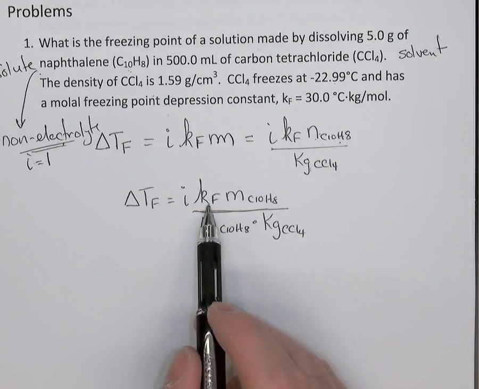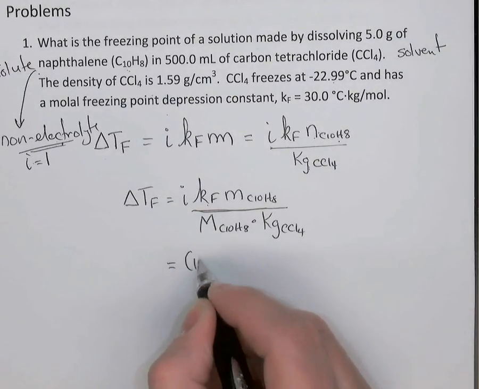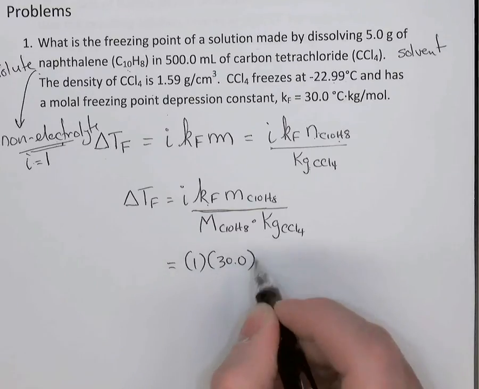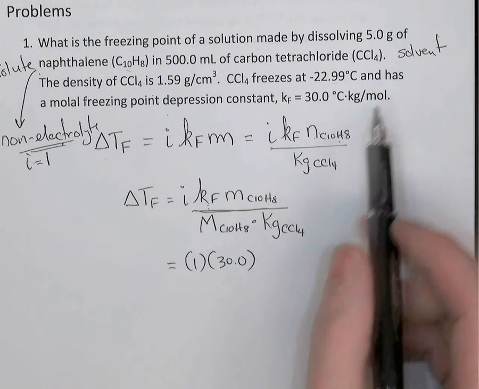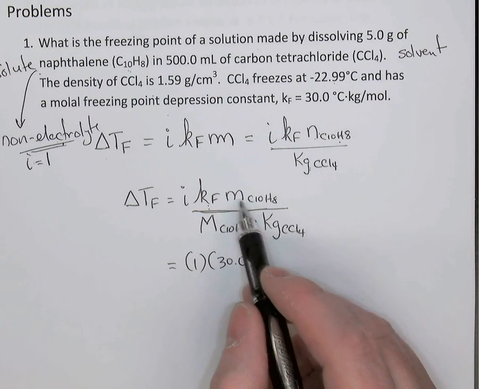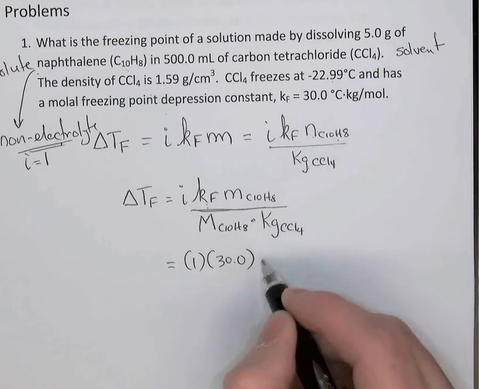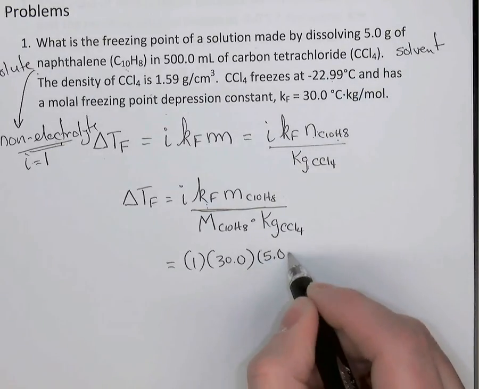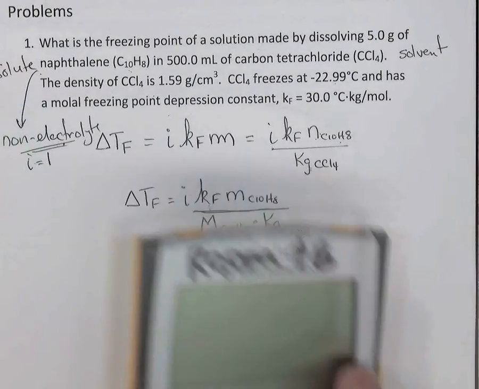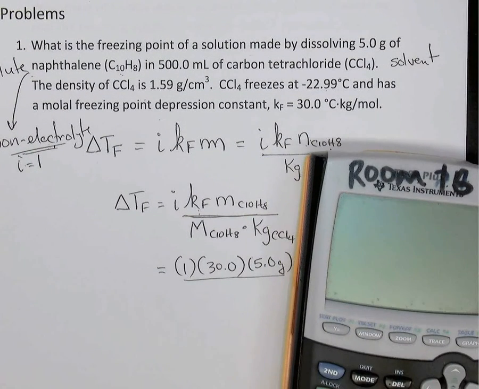The Kf value, which was given in the problem, is 30.0, and that's the Kf value for our solvent, carbon tetrachloride. We know the mass of naphthalene that we used was 5 grams. The molar mass of naphthalene, we can just grab a calculator and periodic table and evaluate that.